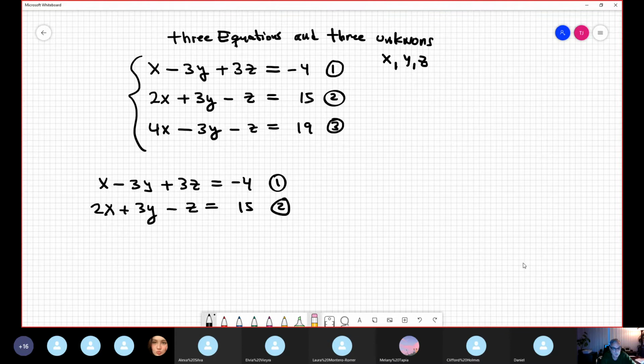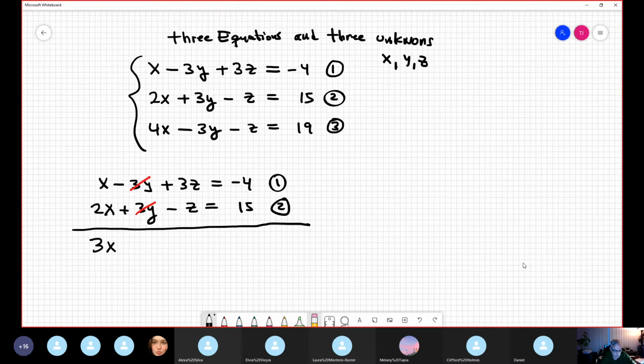Equation 1 and equation 2, when you add by column of the x, column of the y, column of the z, column of the right-hand side, then the y part is ready for elimination. Wow, I take advantage of this. So now this is 3x because 1 plus 2 is 3.